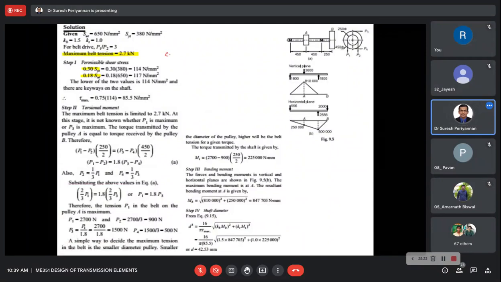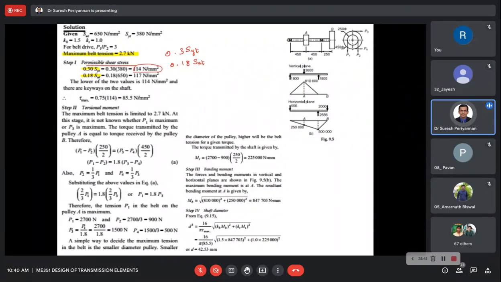Of these, the smaller value is considered for the design, and 114 is the smaller value.